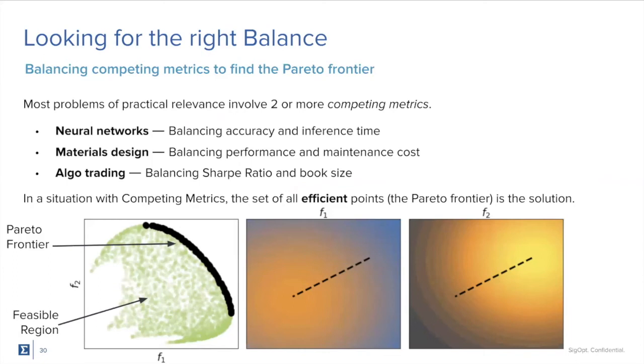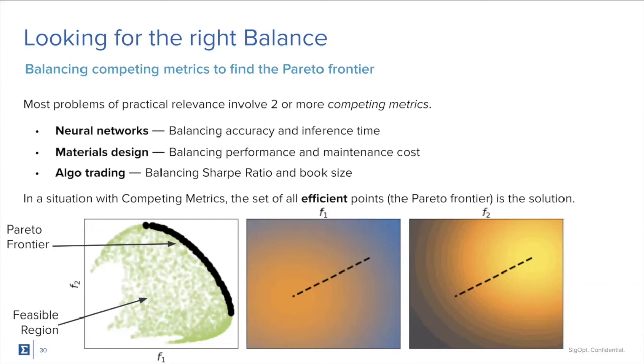And what I mean by competing metrics is that for every single point, or let's take a step back. When we do multimetric optimization, we're trying to come up with an efficient frontier of solutions that you can pick from. And again, this can be things like, on one axis you have the accuracy of your model. On the other axis you have the inference time.